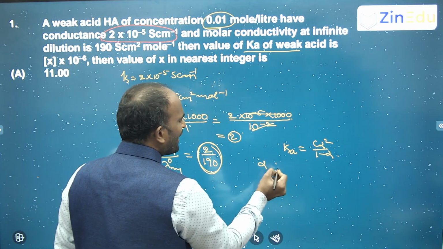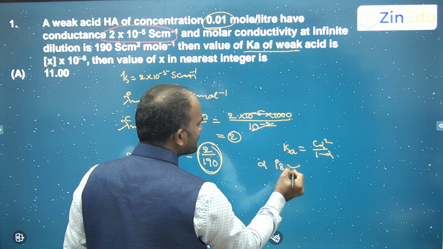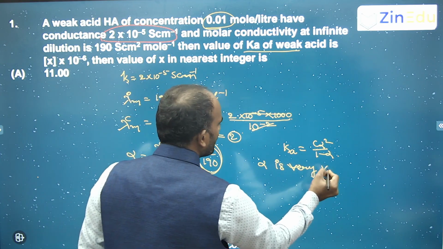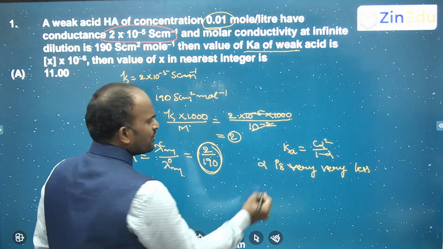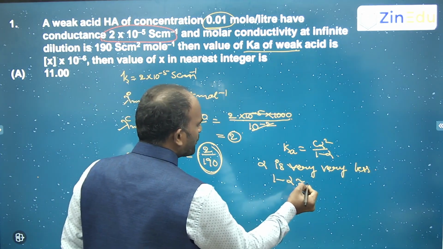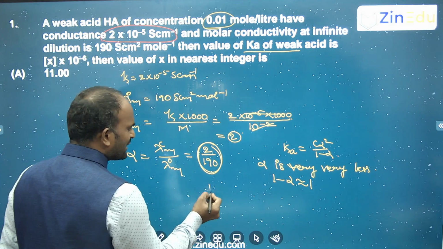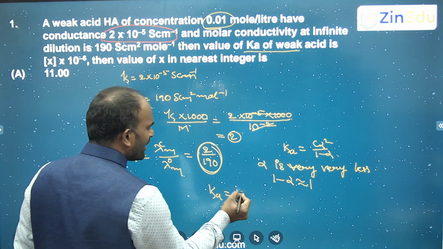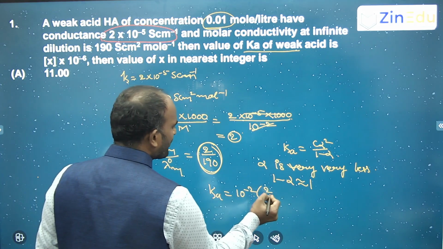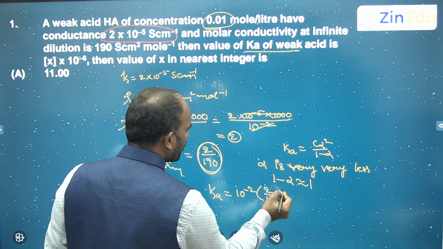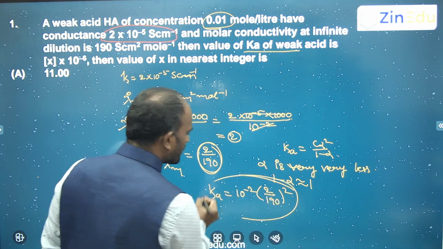Since alpha is very small, we can consider 1 minus alpha approximately equal to 1, such that Ka is equal to 10 power minus 2 alpha square. Alpha is 2 divided by 190, whole square. Just calculate this one.